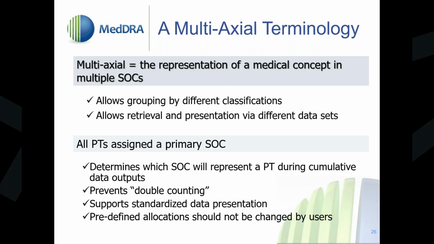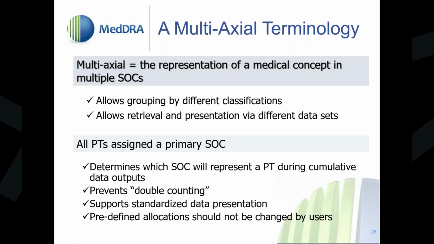Please don't change the system organ class. If you change the primary allocation of system organ class, you're no longer using the standardized dictionary. You can always customize the way you look at your data and you analyze your data because you have the secondary system organ classes, but don't change the allocation of the primary system organ class.